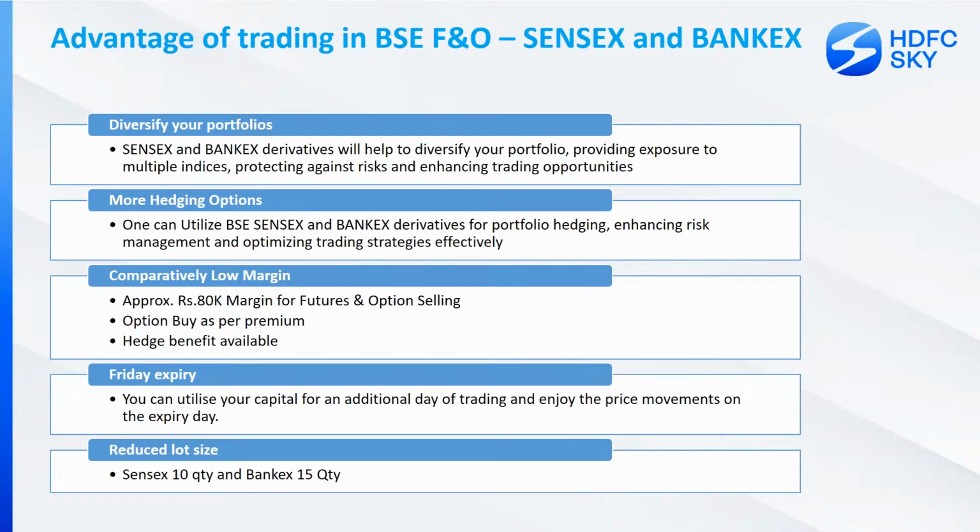The third benefit is that it has comparatively low margin. Approximately only 80,000 rupees of margin is required for buying and selling futures of Sensex and BankX, and for naked option selling. For option buying, of course, you'll have to pay the premium. And here also you will get the hedging benefit.